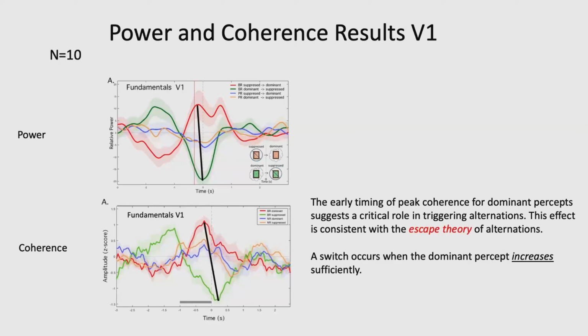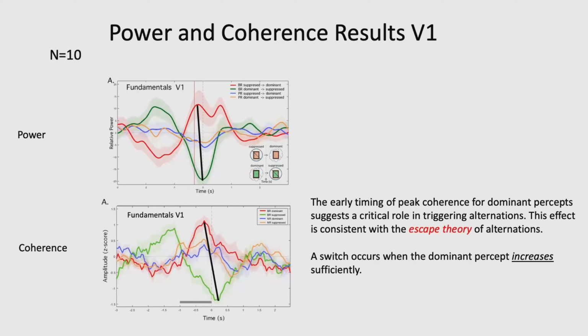The one that the data supports here is called the escape theory. Basically, this says that a switch from one percept to another is going to occur when the dominant signal increases to a certain trigger level, rather than the alternate situation of a switch occurring when the suppressed signal reaches a low enough value. So it was quite interesting to see this, because it's consistent with this escape theory.